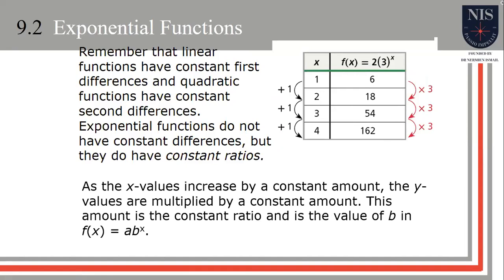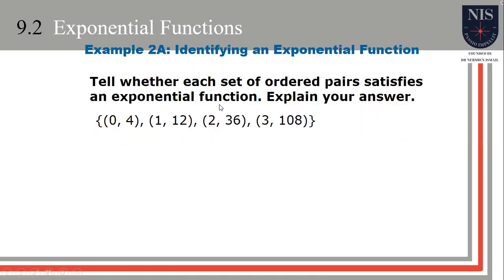As the x values increase by a constant value, as you see here in this table, 1, 1, 1, the y values are multiplied by a constant amount. This constant ratio is the value of b. We have to use this formula to deal with exponential functions. So we have a general formula, which is f of x equals a times b to the power of x.